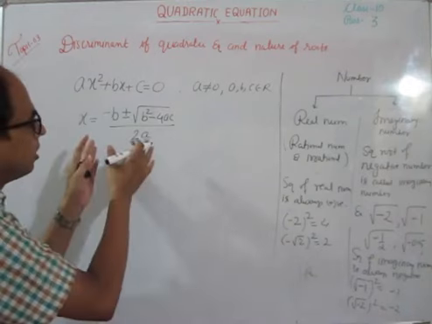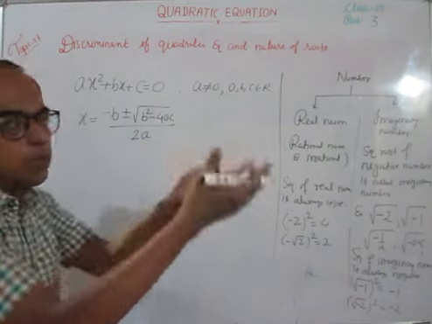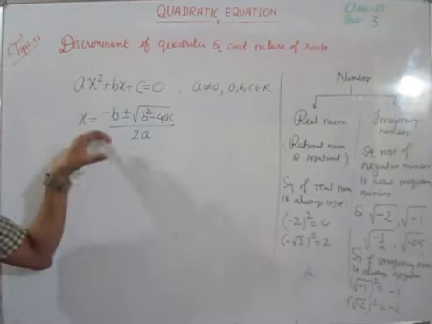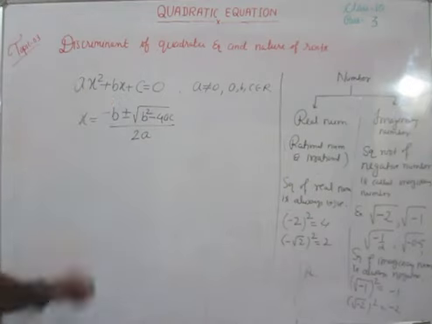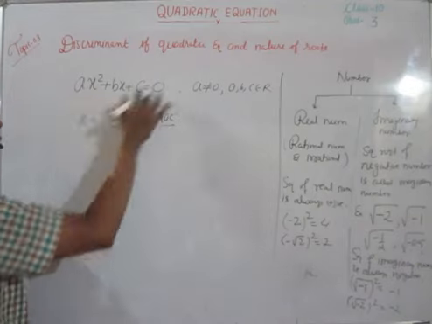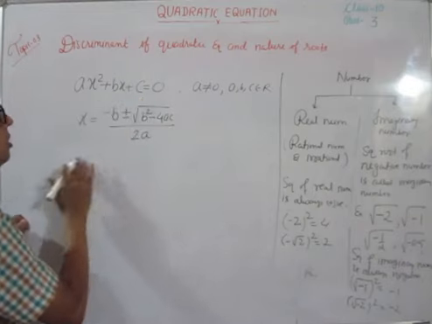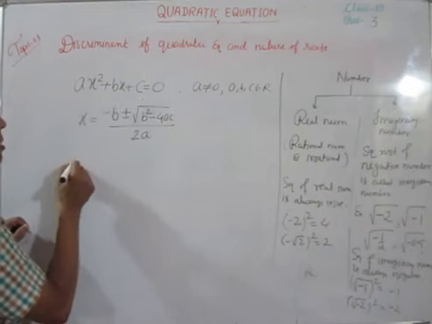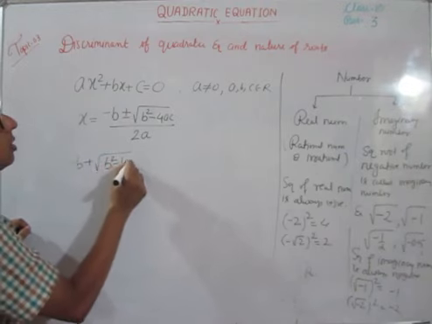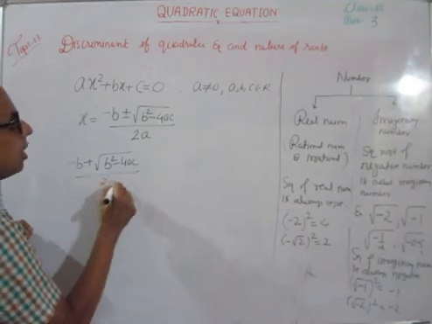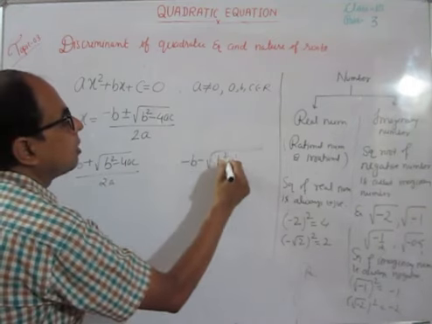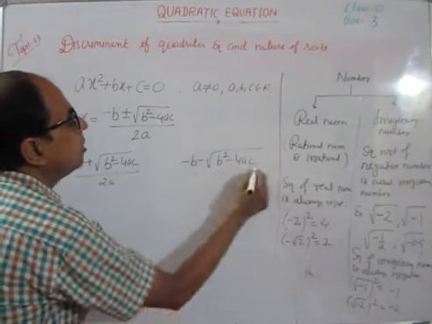We will derive this formula in the coming videos. Now this formula indicates there are two roots for a quadratic equation. One root is minus b plus root under b square minus 4ac by 2a, and the other root is minus b minus root under b square minus 4ac by 2a.